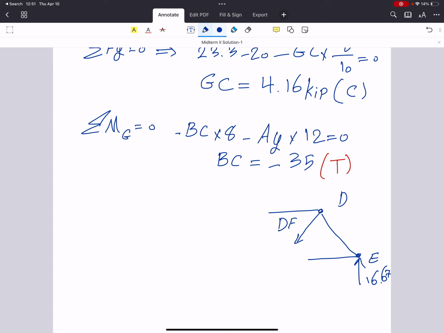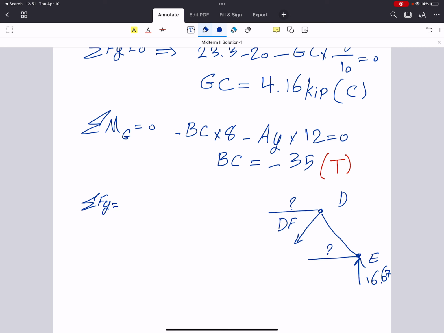So as you see, we have this one unknown, this one is unknown, but we are only interested in DF. So it's better to use Fy, because DF is in the y equation, and these two unknowns will be in the x equation, but it's going to make a problem if we go with the Fx equation, because you will have three unknowns in that equation.